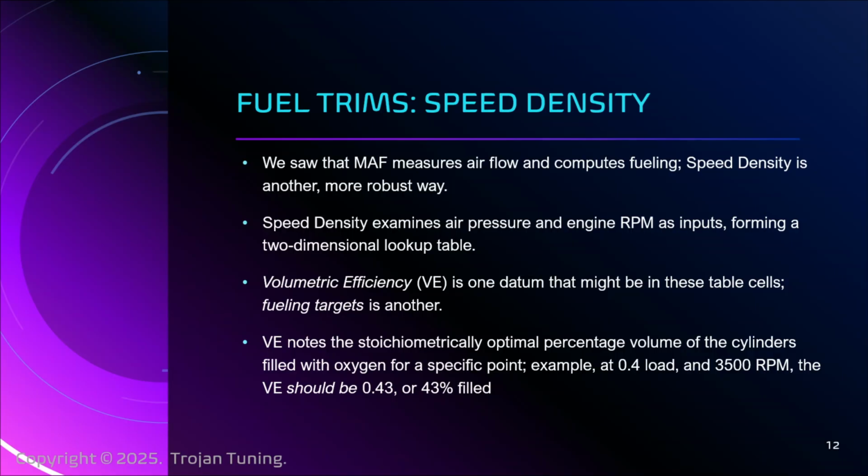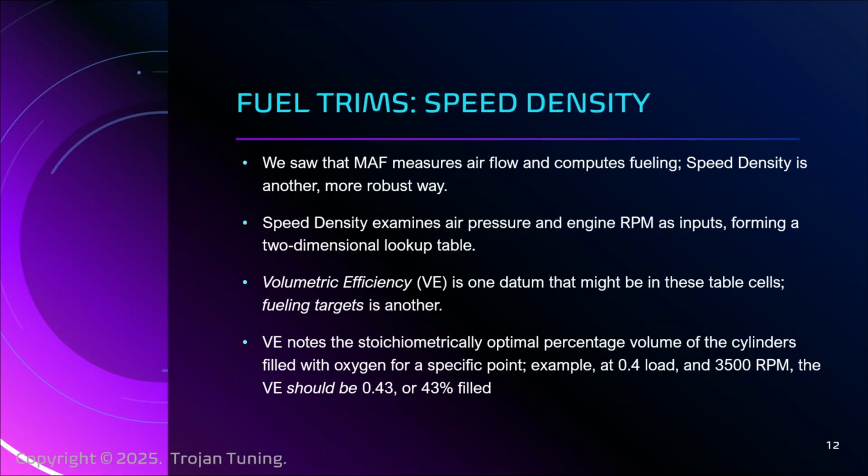And across the spread here, we often go out to hundredths. So we'll say, like, right now, the volumetric efficiency at 0.4 load, or air pressure in the manifold, and at 3,500 RPM for a clean stoichiometric burn with no byproducts and maximum power production, we know should be 0.43. How do we know that? For now, magic.